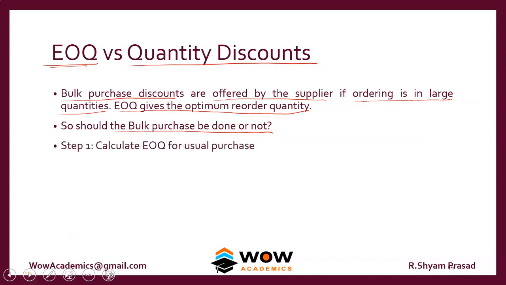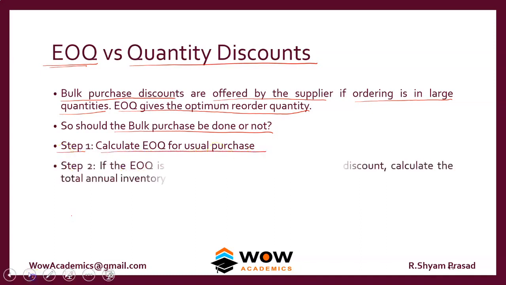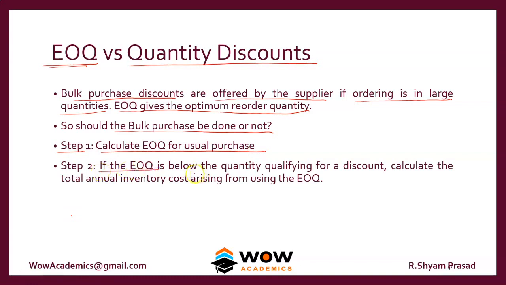For that we have some steps. Step 1, calculate the EOQ for usual purchase. Step 2, if the EOQ is below the quantity qualifying for a discount, calculate the total annual inventory cost arising from EOQ. For example, the EOQ is 1000 units and the bulk units that have to be bought to get the discount is 2000 units.